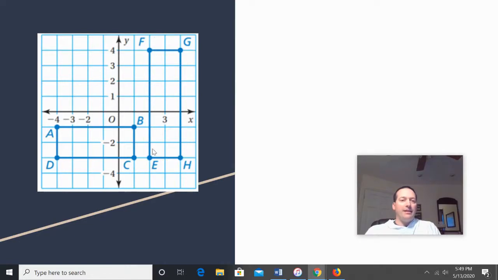It is a length of 7. Now the corresponding side will be this one, because obviously it's the long side of the rectangle: 1, 2, 3, 4, 5. So to get from this side to this side, I would multiply by 5/7. I'm sorry, 7/5, because this is 7, that is 5. 5 times 7/5 gives you 7.